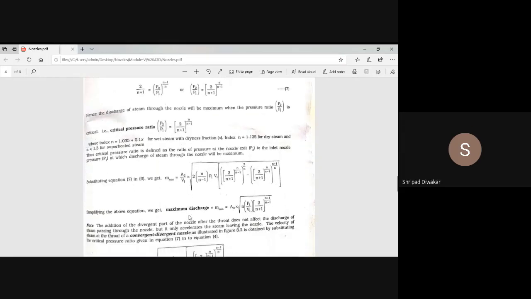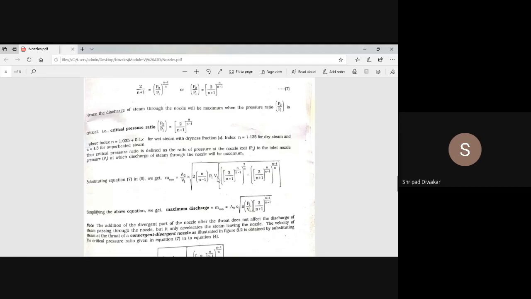After simplifying, remember it is not m, it is m max, the maximum flow rate in the discharge, because we considered the expression for the maximum discharge. Square root of, after simplifying, you will get A2 into square root of this one.